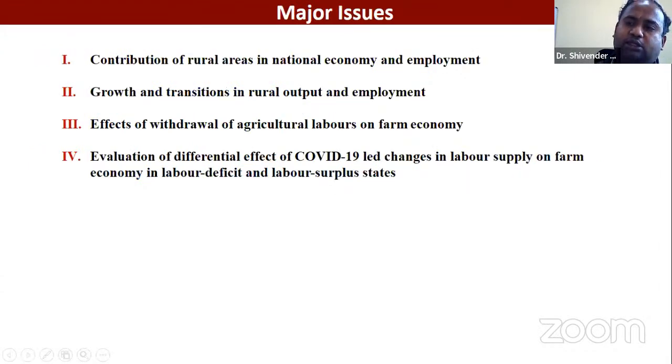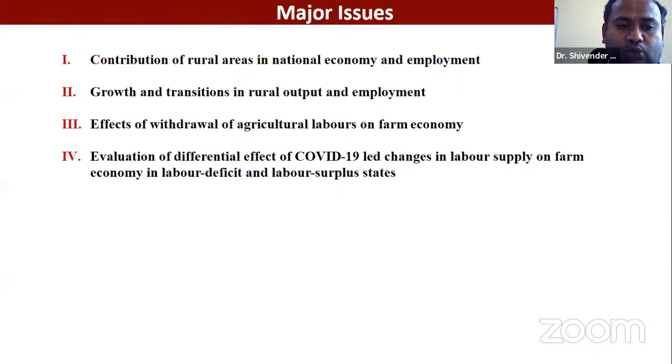Based on these things, I have planned to share the empirical evidences which we have generated from National Account Statistics and National Employment Surveys. First, the contribution of rural areas in the national economy and employment, as I showed with some indicators like population, workforce, and national output.